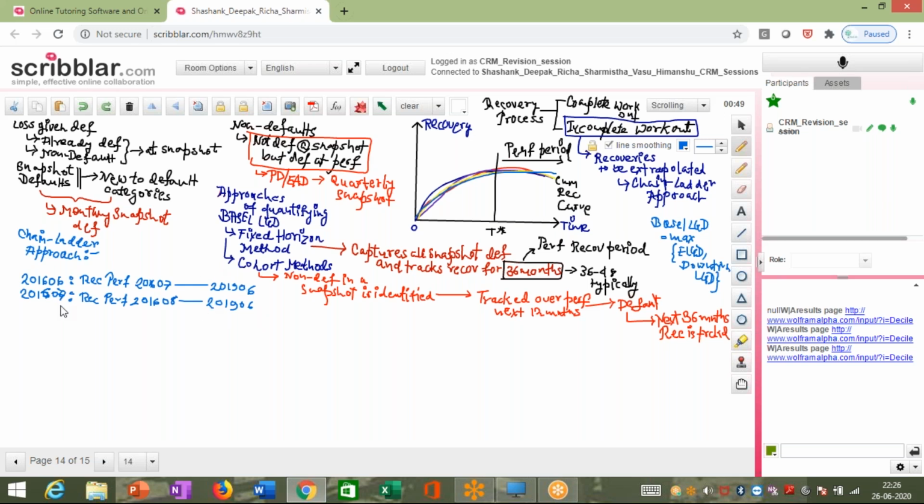So for 2016-07, I will have 35 months of observed information plus 1 month of predicted information.